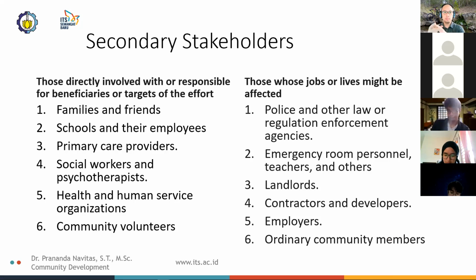So there are a lot of stakeholders, and depending on what program or what initiative you have in mind to introduce to the community or to introduce to society, then primary, secondary stakeholders or subjects may change.